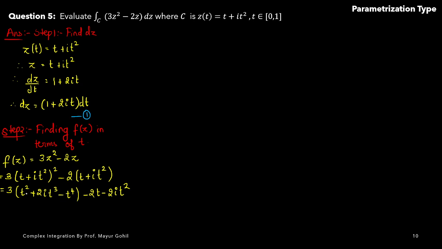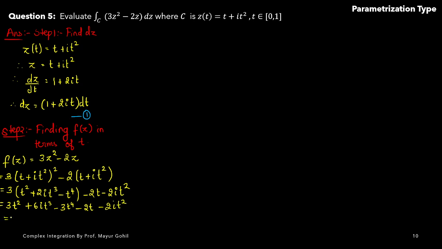Now we simplify this a bit further and collect the real and imaginary part. So what we get is 3t square plus 6it cube minus 3t raised to 4 minus 2t minus 2it square.